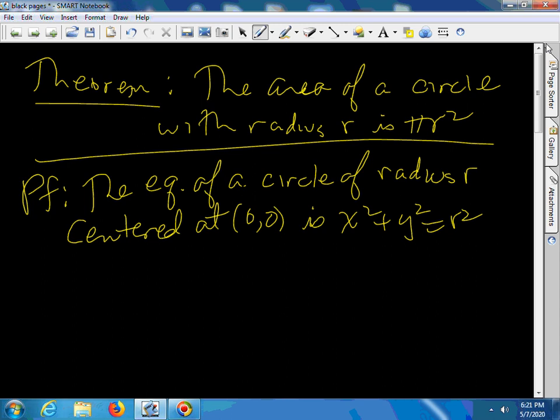So the area of the circle is going to be 4 times the area of one of the quarters. So there's my 4 times. The area of the quarter, we're going to find an integral for that.